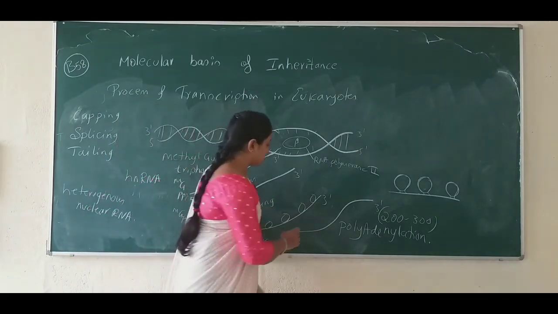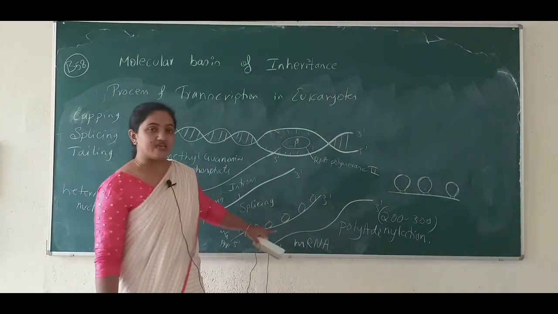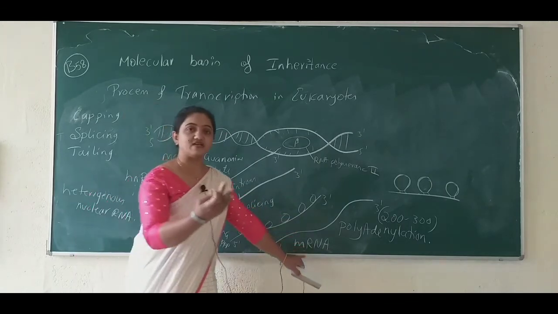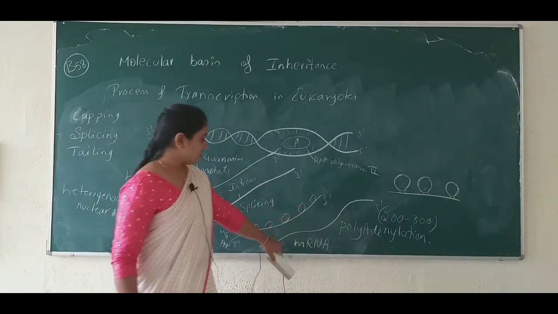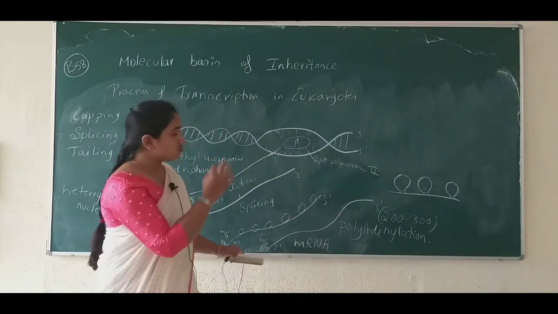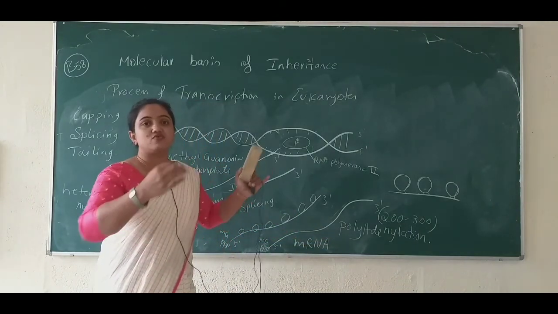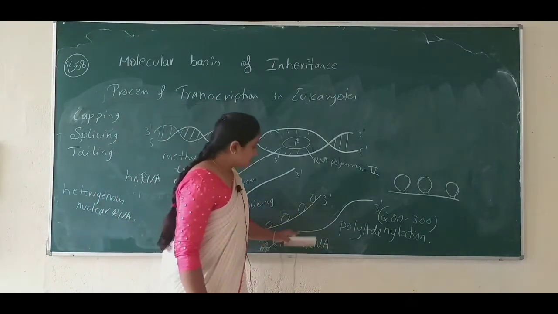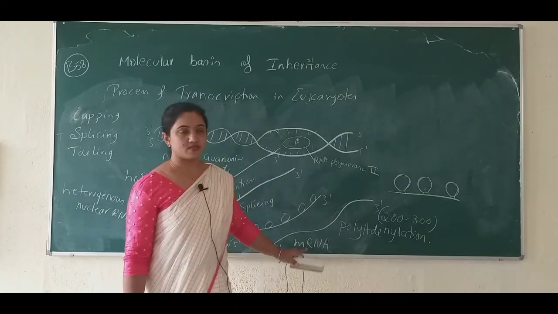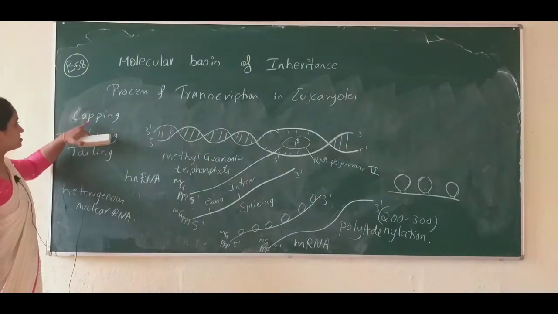Now we can call it mRNA. Why is it known as mRNA? The non-functional part is taken away from the hnRNA, it has the coding part, that is exons, only defined codons. That's why we can call it mRNA. Now we have all the three steps.